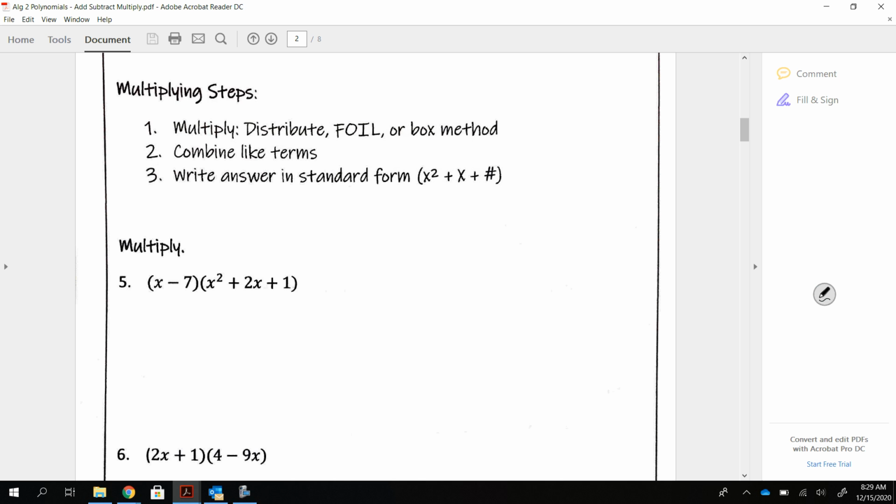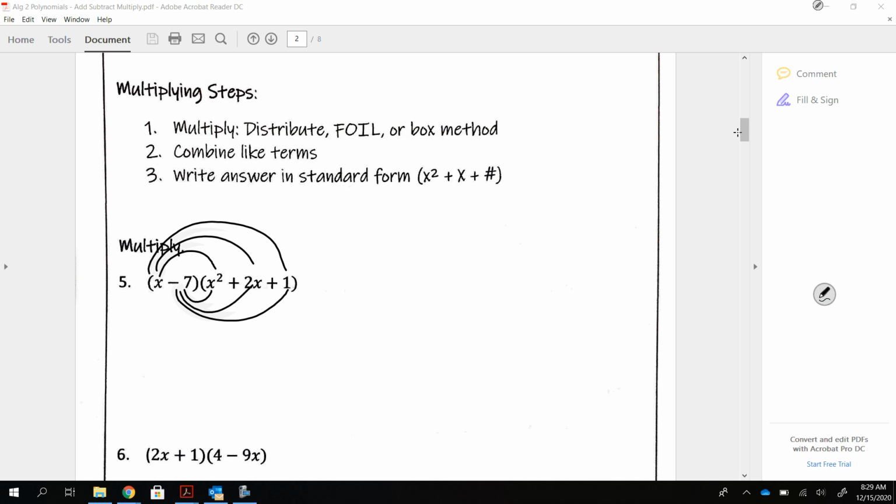Okay, remember, you are multiplying everything. So this x, we're looking at number 5, this x is being multiplied by this, and this, and this. That's the first part. Then we take the negative 7, multiply it by this, this, and then this. Then step 2, we combine like terms.